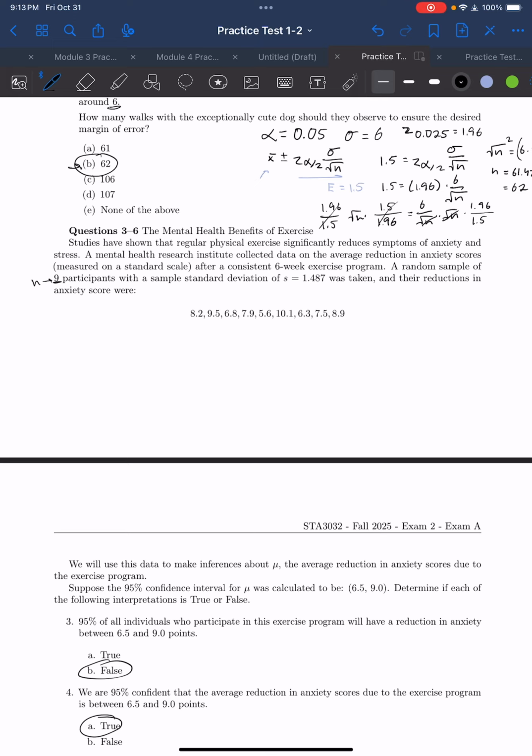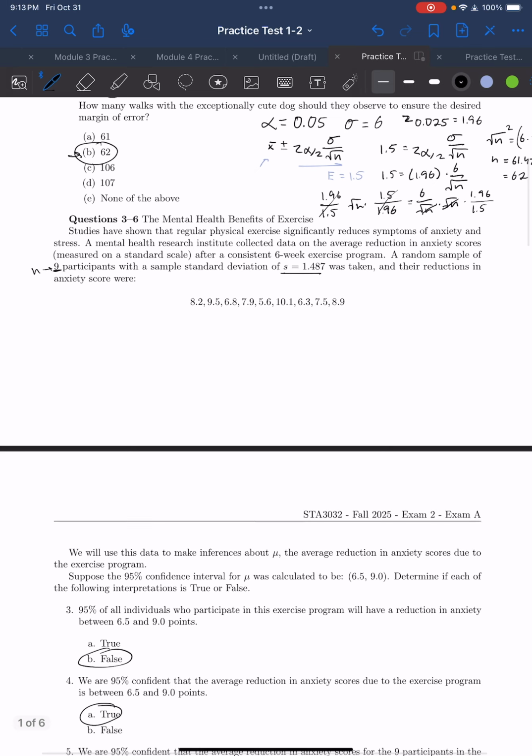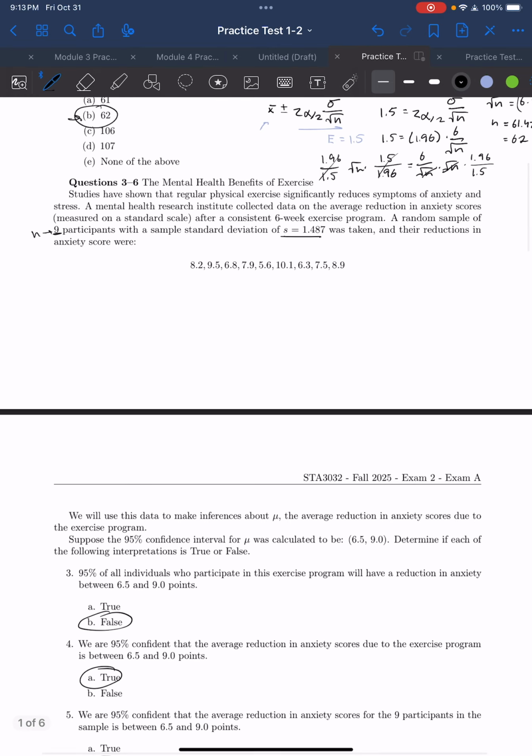And then we have our sample standard deviation, S, and we have our anxiety scores here. So we can find the mean from this. You can calculate that by just adding them all together and then dividing by the number of elements.